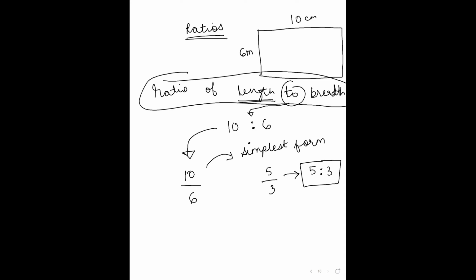Now, Hiba, let's say there's a particular girl, she's in third or fourth grade. Her height is 90 centimeters. And her father's height is double of that.